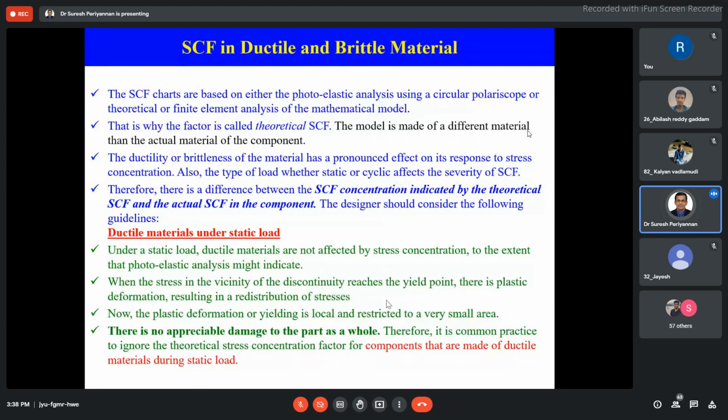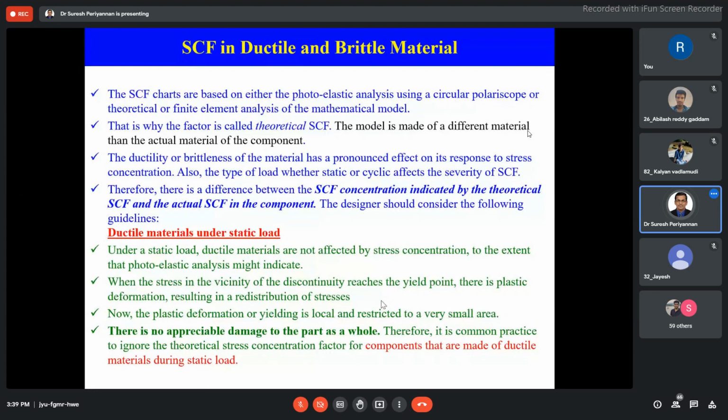Most of the components we are designing, we design within the elastic limit. Whatever stress limit we define, we define it for the material within the elastic limit. Let me tell you one example. In the last chapter, we discussed many problems. In those problems, we considered SUT, the ultimate tensile strength, and the yield point strength.